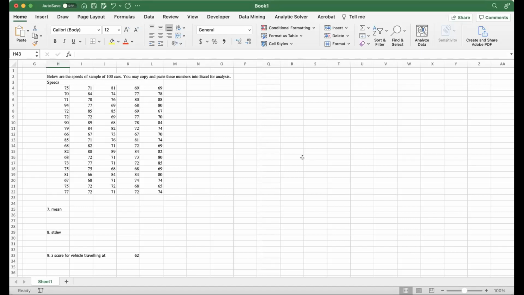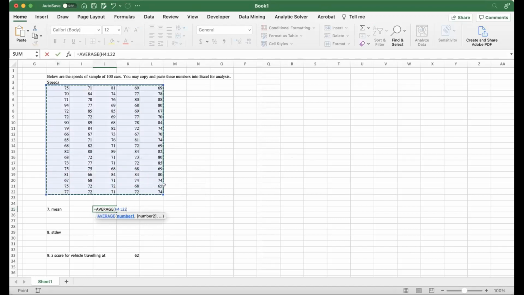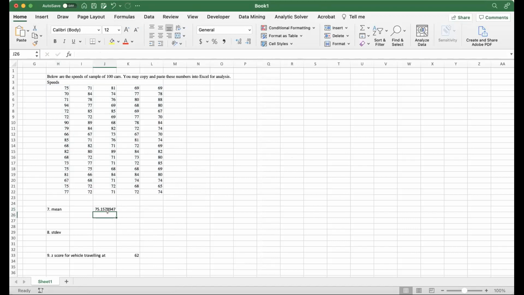So the first question is asking for the mean. The way that we're going to calculate the mean is we're just going to do equals average of all of our data. And that's our mean. And the question is asking what is the mean to 1 decimal point?